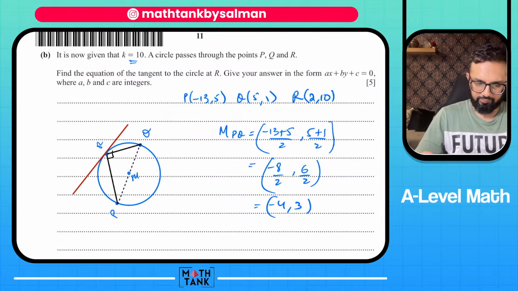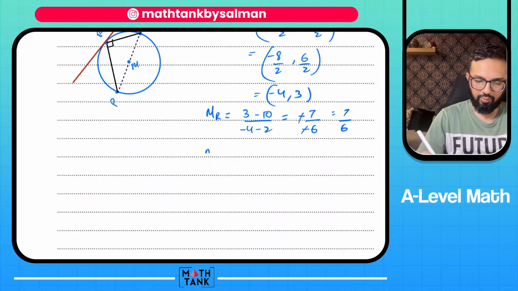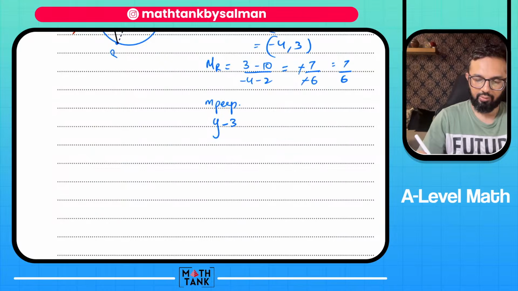I will also have to find the gradient of MR then. 3 minus 10 over -4 minus 2. That's -7 over -6. That's 7 over 6. We take a perpendicular on that. y minus y1 equals m(x minus x1). So perpendicular.